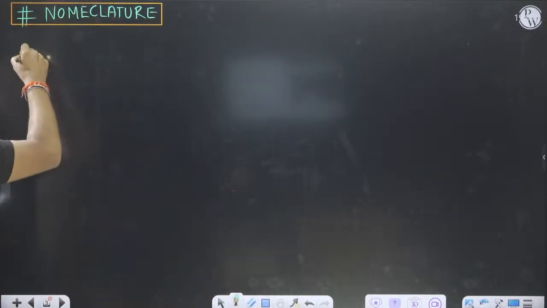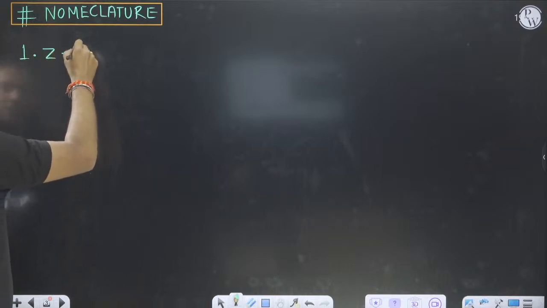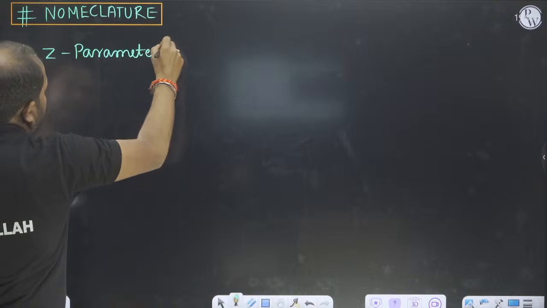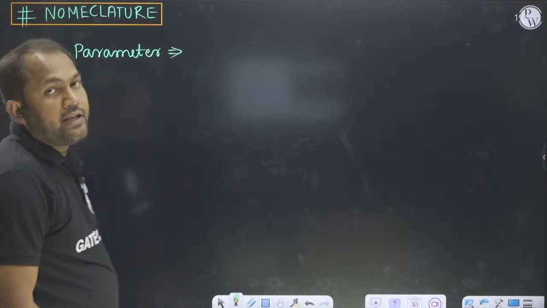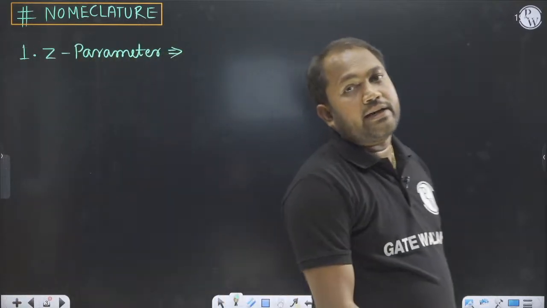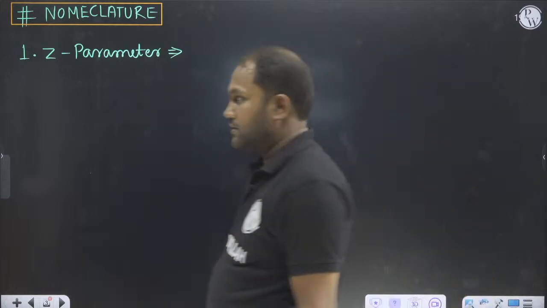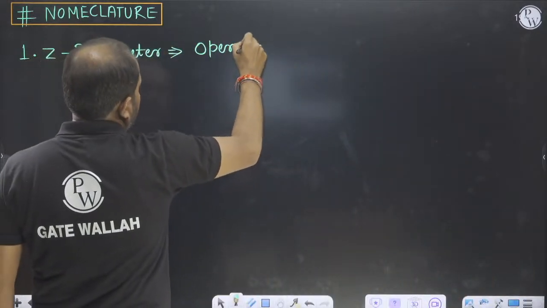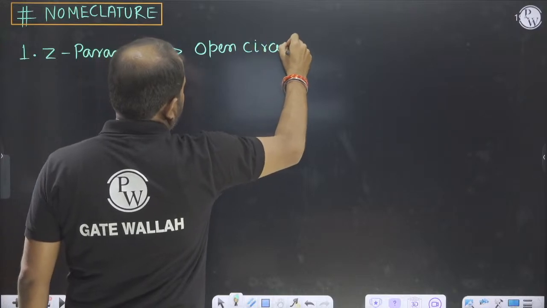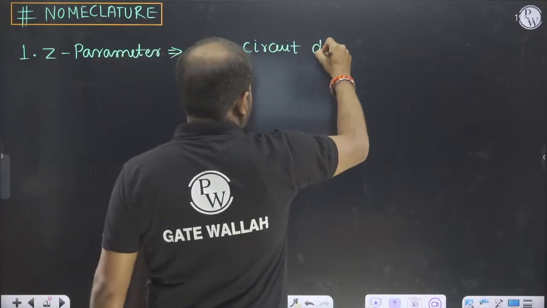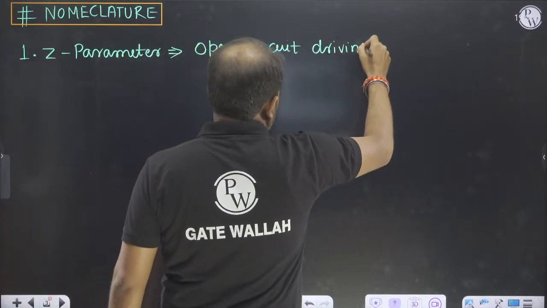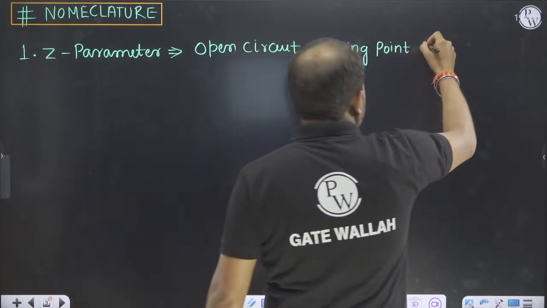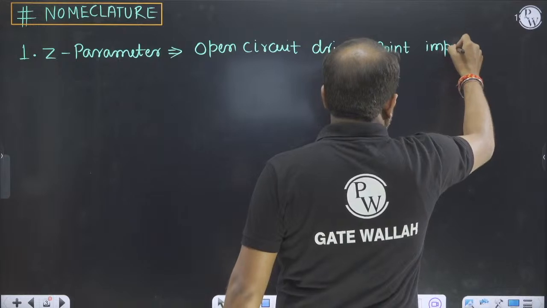Z parameter is known as open circuit driving point impedance. So this name you should remember.